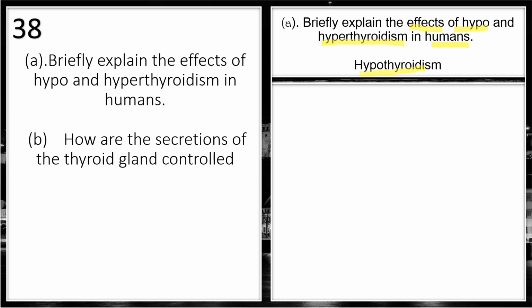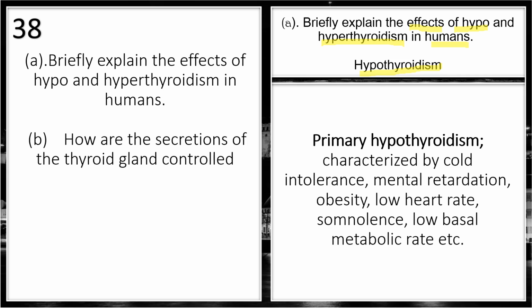We shall start with hypothyroidism. Primarily, hypothyroidism is characterized by cold intolerance, mental retardation, obesity, low heart rate, somnolence, low basal metabolic rate, and many others.